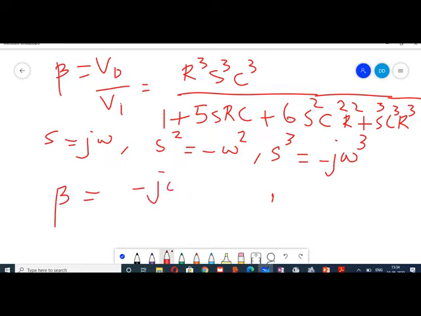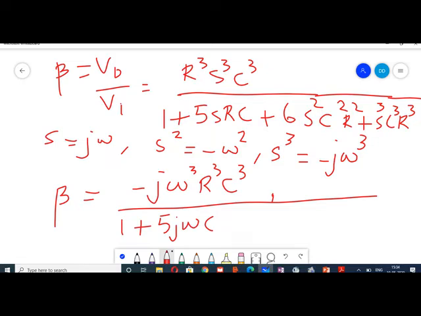So we can write beta as minus j omega cube R cube C cube divided by 1 plus 5 j omega C into R, plus 6, not plus, it becomes minus 6 omega square C square R square minus j omega cube C cube R cube.